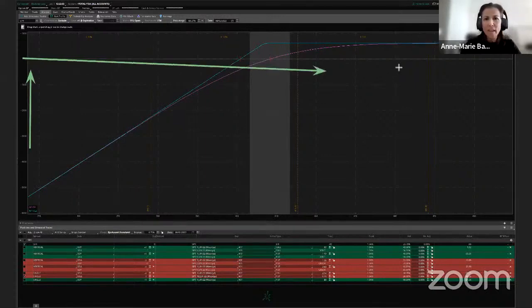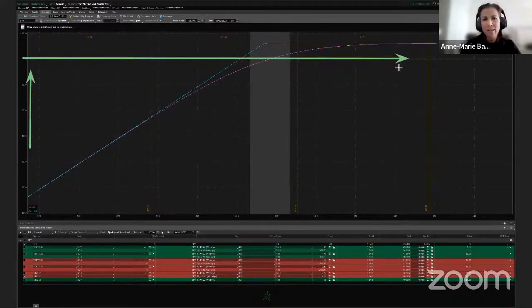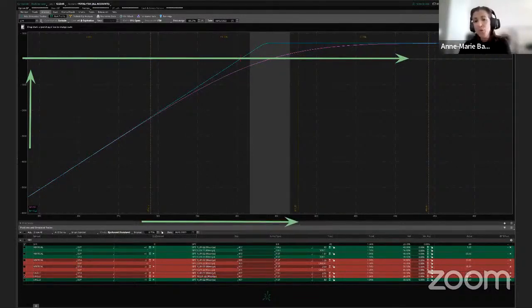Anything underneath that line is loss. Anything above it is gain. So that's what you're looking at. And the price of the stock is down here. So as price moves, this is what happens to your balance.